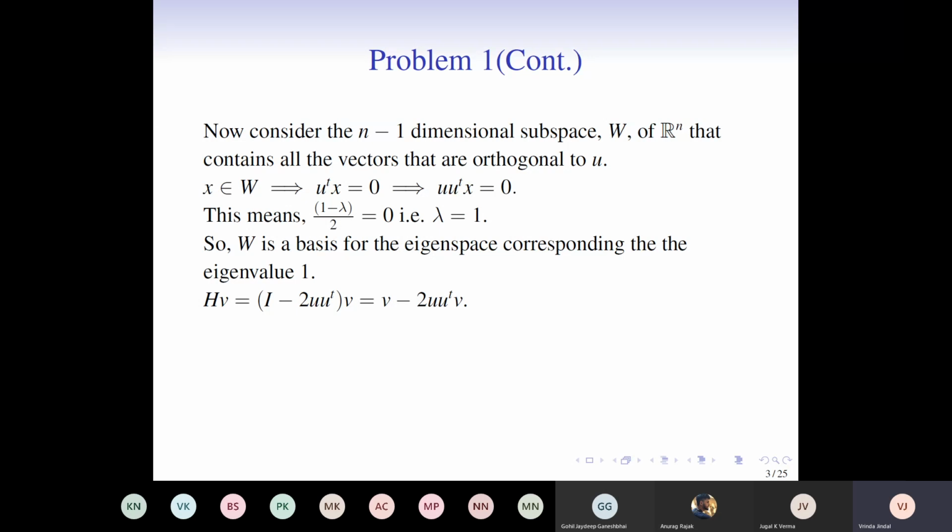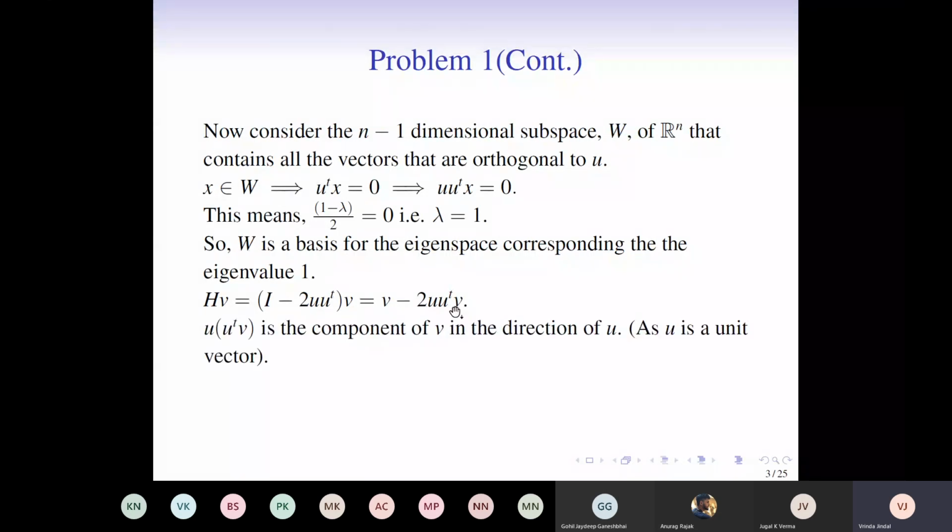So now the next part of the question was we needed to give an idea about what the geometric interpretation of H is. So H applied to v gives us v minus 2u u transpose times v. So let's understand what this u transpose v is. u u transpose v can be written like this, u and u whole multiplied by u transpose v.